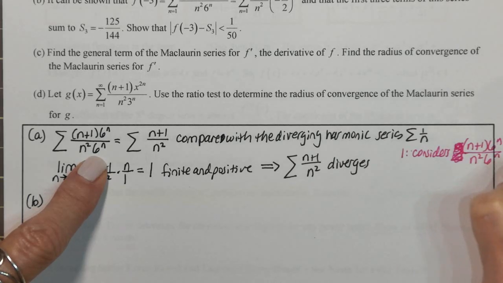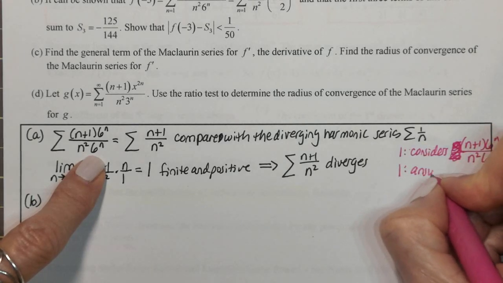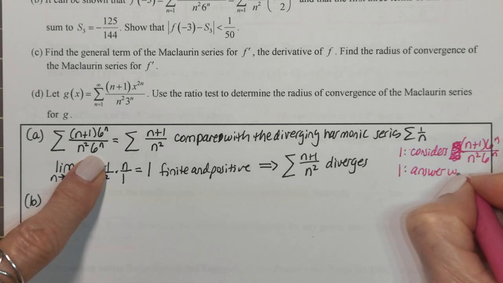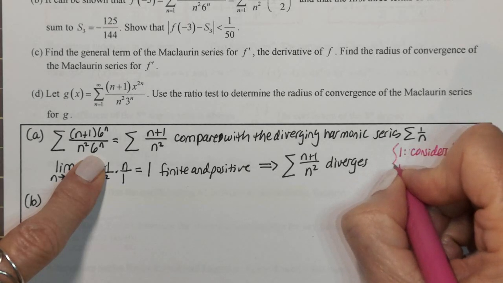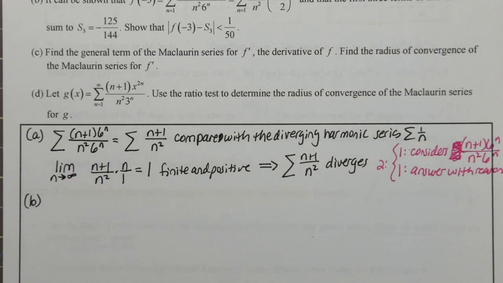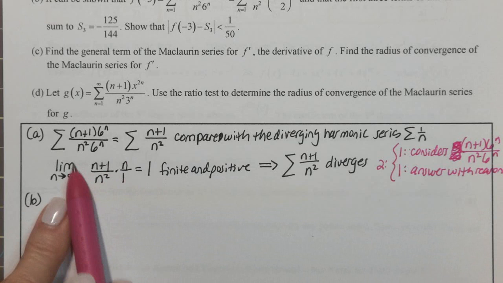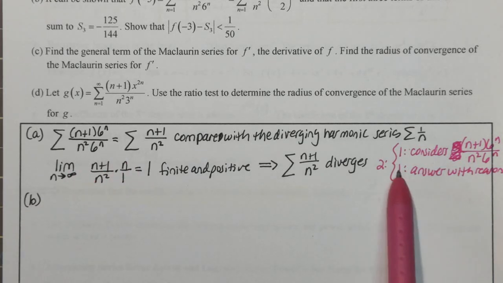Did you consider that? And then 1 point was for the answer with reason. And I looked at the notes further on the notes for that. They required us to show the work for the test. They required us to show it to get that second point there.